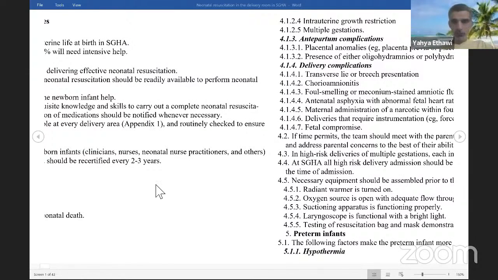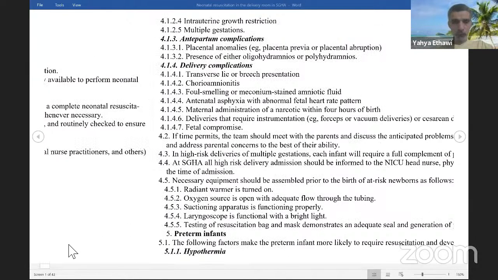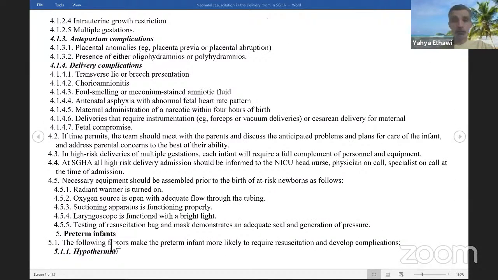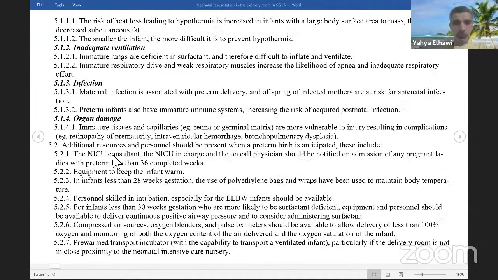We have a list of them, and you have the list also. We also talked about the challenges that preterm babies are exposed to, such as hypothermia, inadequate ventilation, infection, and organ damage. And we've talked about an overview of the resuscitation, how we stabilize.